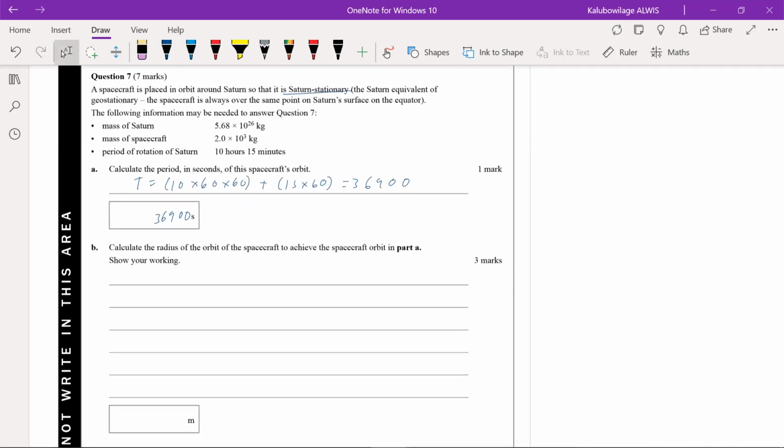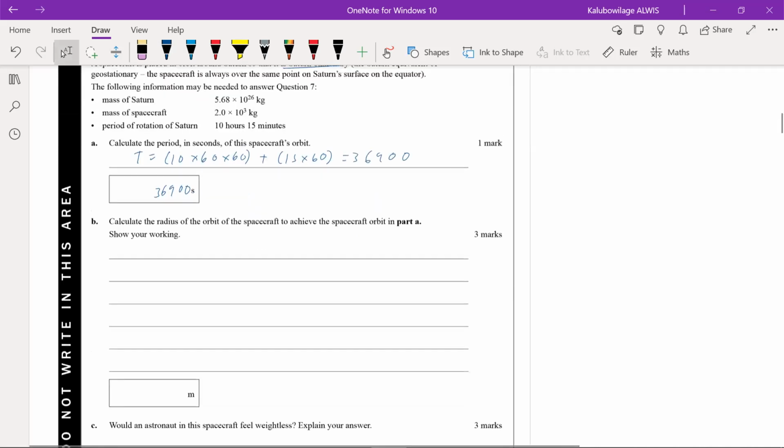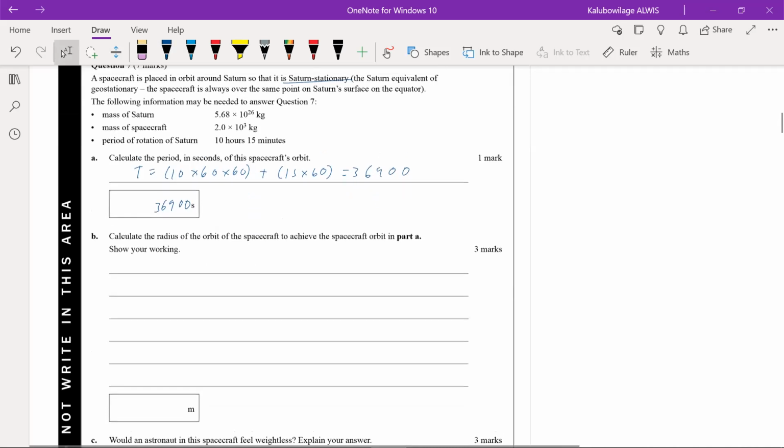Calculate the radius. It's a Kepler's law question. T squared equals 4 pi squared r cubed over GM, so r cubed equals T squared GM over 4 pi squared.